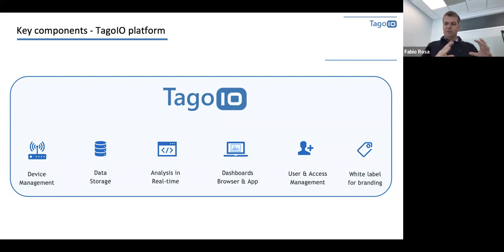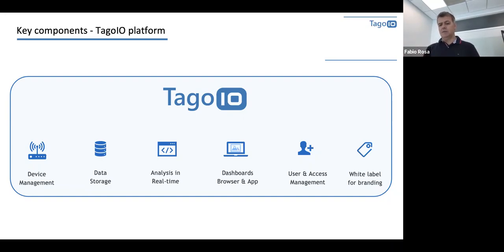That's mainly the part of the IoT, but we also add a lot of other capabilities, and I'm going to show you today here in the demo. But very important is that you can have user management, and it's not only for one person. You can create entities, organizations, sites. For example, if you have 2, 3 customers, you can create a management system to manage them inside of Tago.